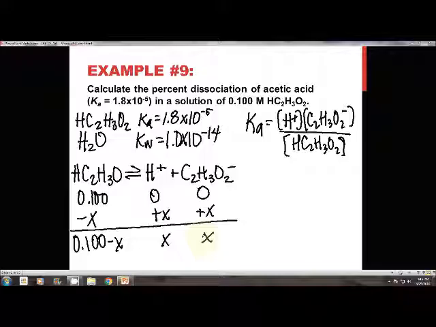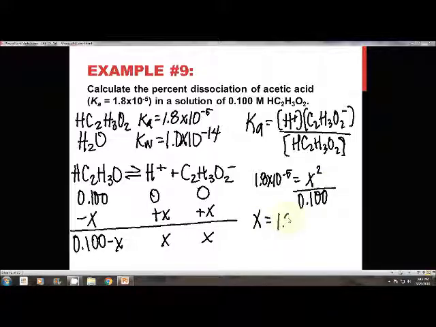We're going to solve for it because Ka is so tiny and we have 0.1. We're going to assume that the X is going to be very small and not have an effect, so we will do the assumption. So then we have 1.8 times 10 to the negative 5 equals X times X, so X squared, over 0.1, leaving off the minus X. So then when you solve for X, X is 1.3 times 10 to the negative 3.